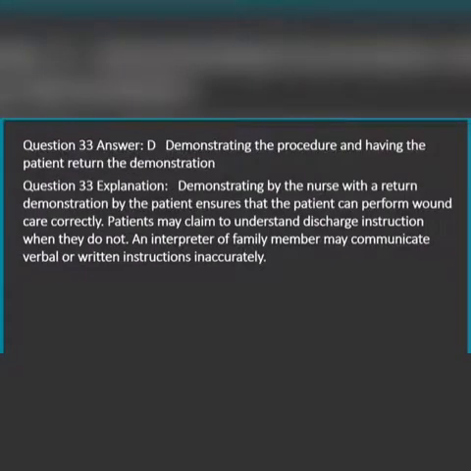D. Demonstrating the procedure and having the patient return the demonstration. Question 33 Explanation. Demonstrating by the nurse with a return demonstration by the patient ensures that the patient can perform wound care correctly. Patients may claim to understand discharge instruction when they do not. An interpreter or family member may communicate verbal or written instructions inaccurately.